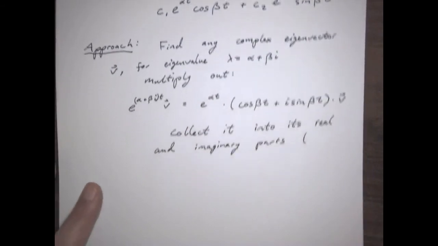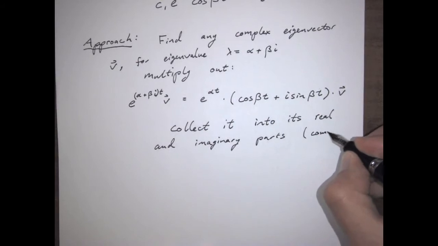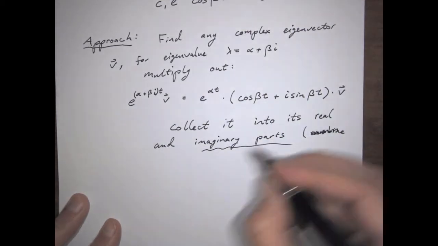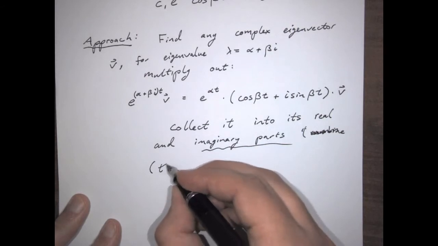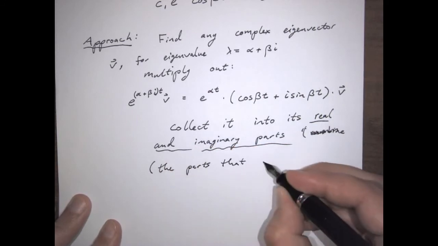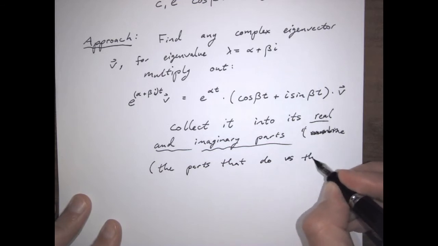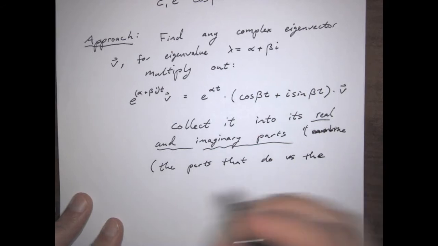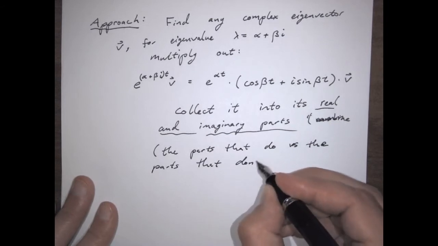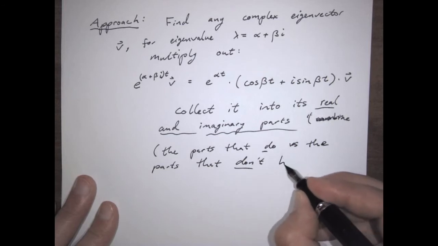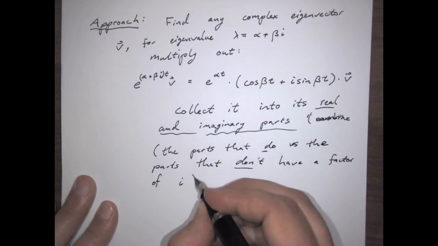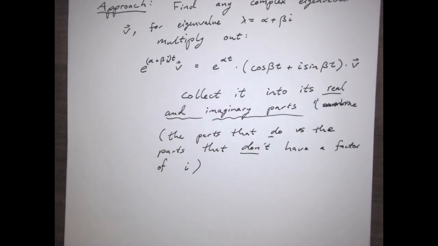Which means, in other words, by imaginary parts, what I mean is the terms that have the factor of i, the parts that do versus the parts that don't have the factor of i. By i here I mean classic i, the imaginary unit.